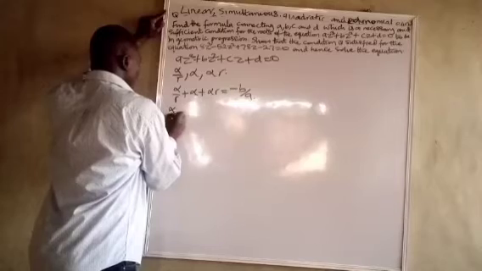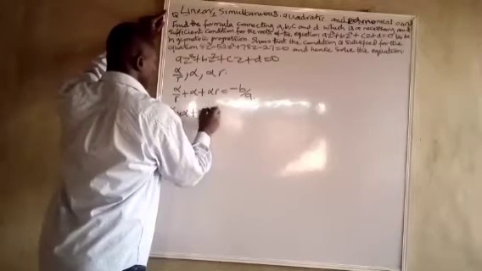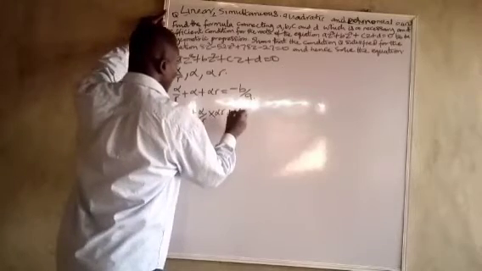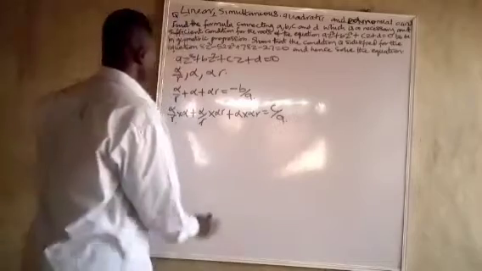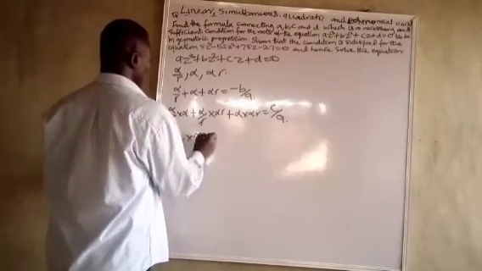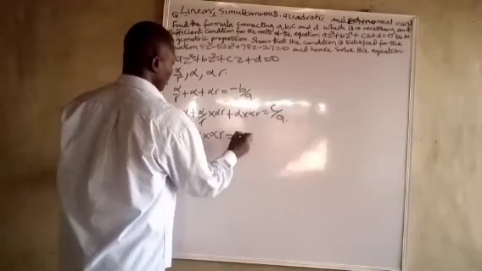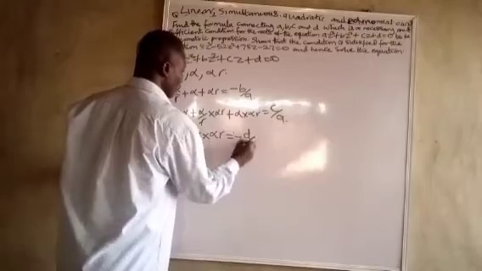Sum in pairs: alpha over r times alpha plus alpha over r times alpha r plus alpha times alpha r will be c over a. The product, alpha over r times alpha times alpha r, is going to give us minus d over a.